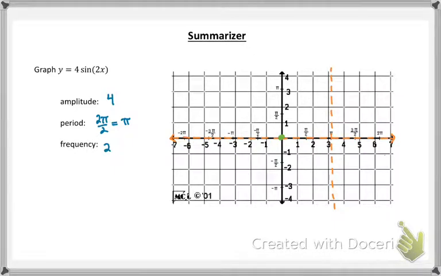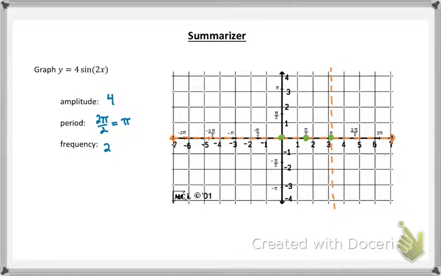And since I am squishing it, compressing it horizontally, I know that this point right here at pi is going to be at the same spot before its repeat, right? And then pi over 2 is another x-intercept, and it's going to be my new x-intercept. And then in between, I need to have a high point and a low point.